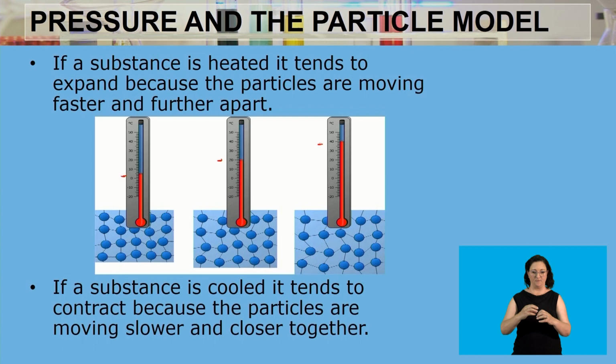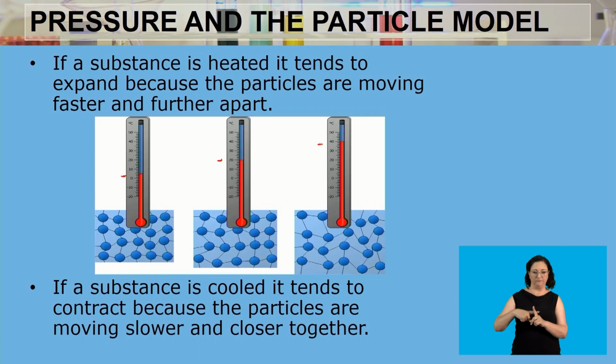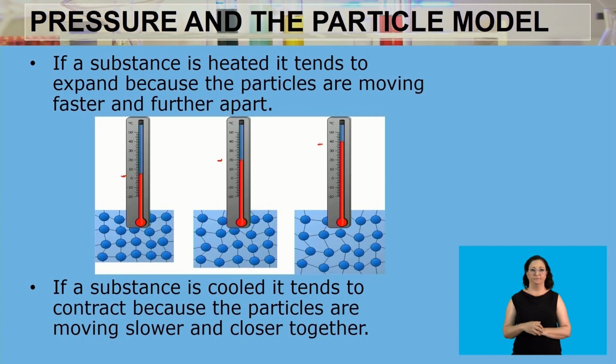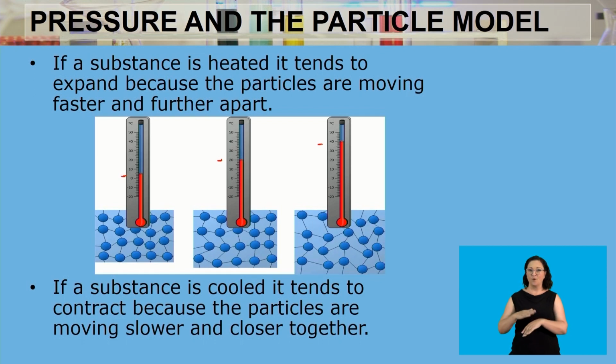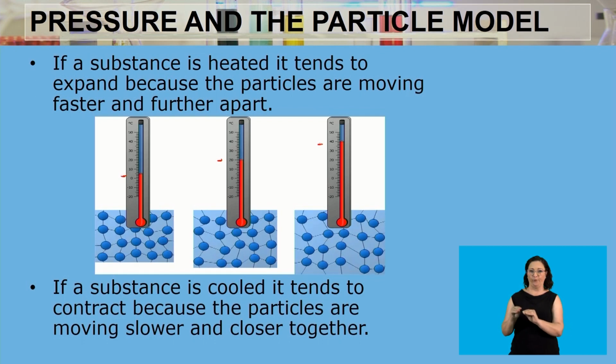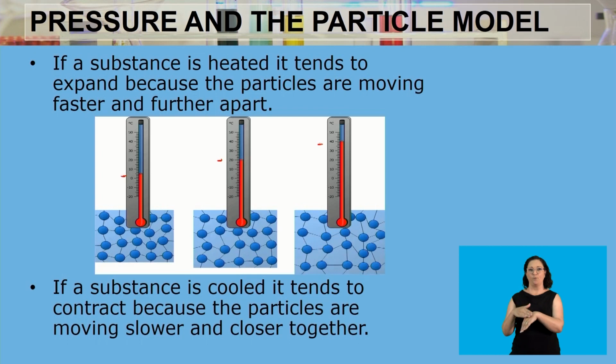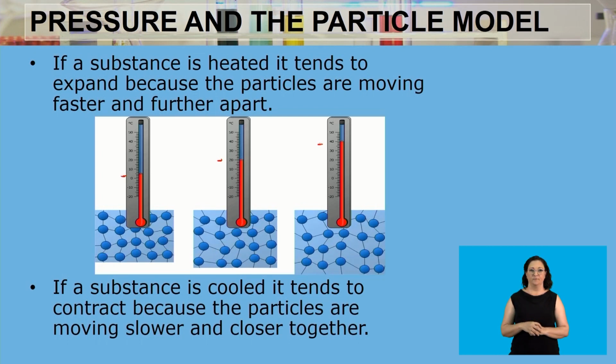When we are adding energy or increasing the temperature of a substance, the particles making up that substance are going to be moving around more frequently and moving further away from each other. And because of that, the spaces between the particles increase, and as a result, it will appear as if that substance has expanded.